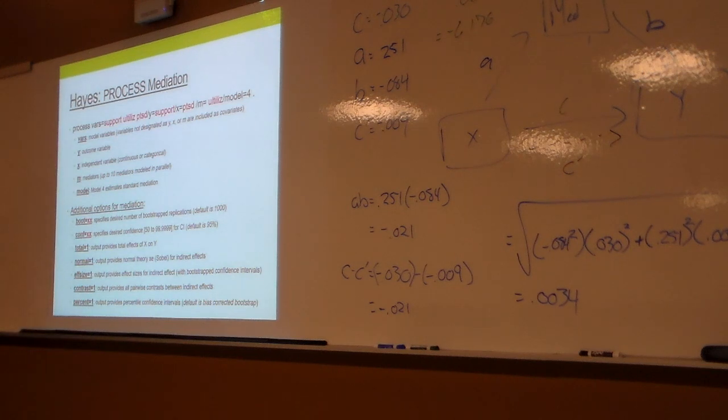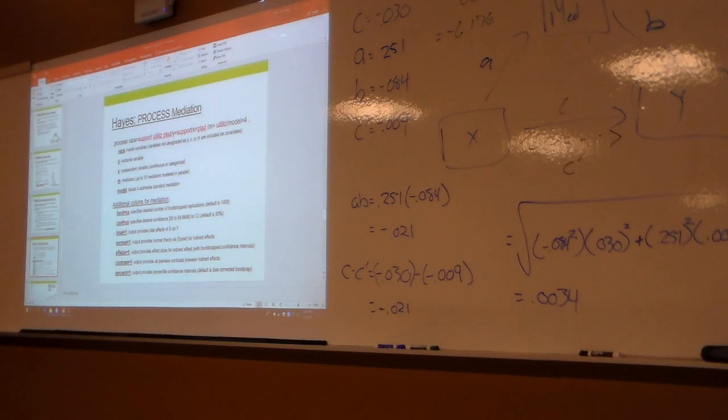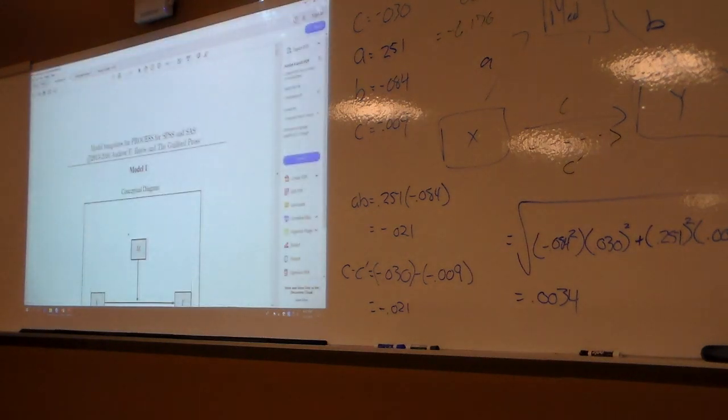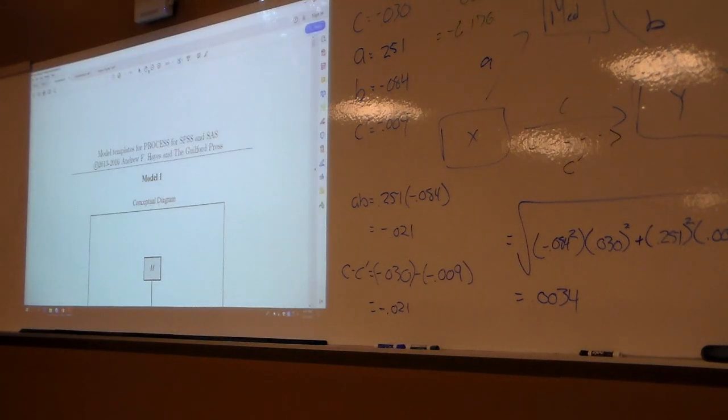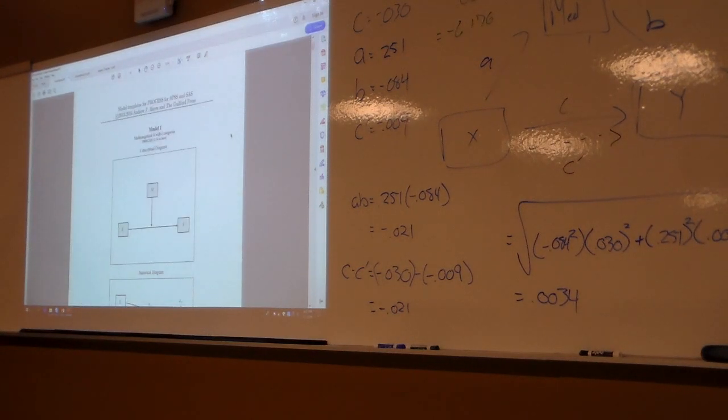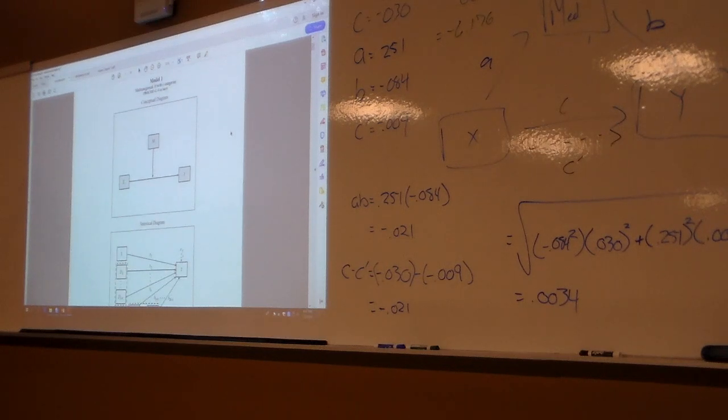In the handouts that you got on the course website, you'll see a PDF that says templates. For this version of PROCESS that I gave you the macro for, it shows what each model represents. This is a moderation model.